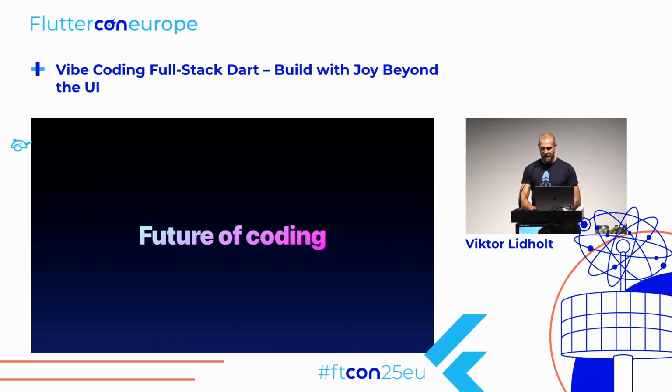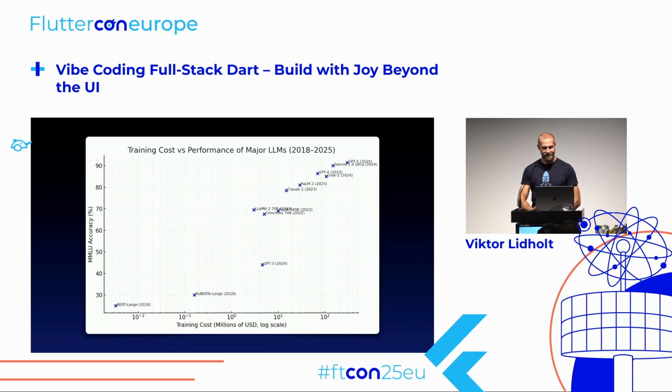I asked ChatGPT to make the next slide, so take this with a grain of salt. But it shows the cost of training the models versus how accurate the models are. And you can see that on the line. So the more money, basically, the better the model.